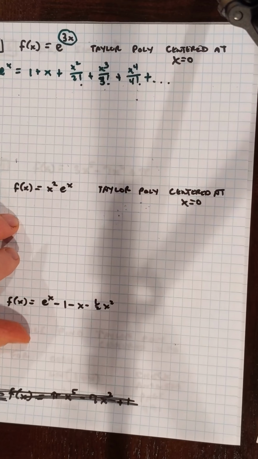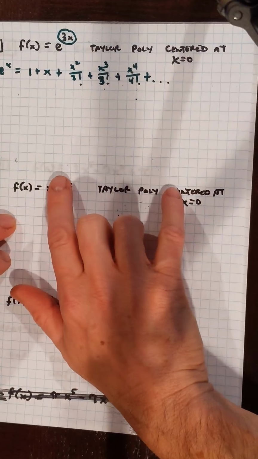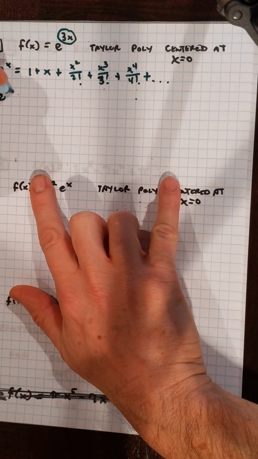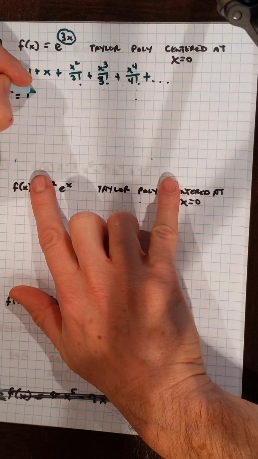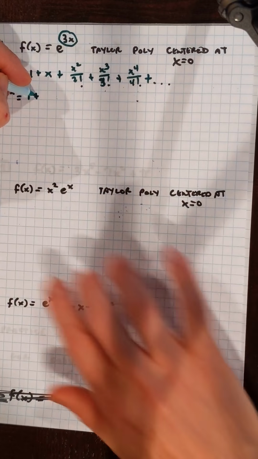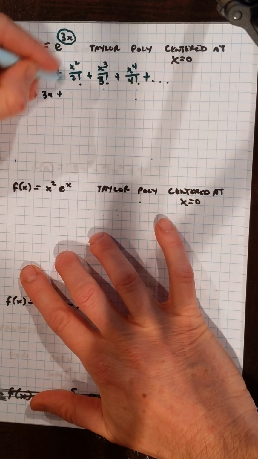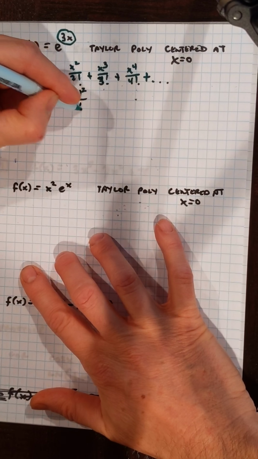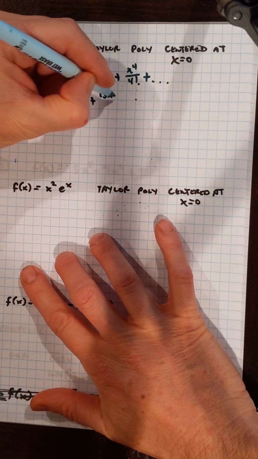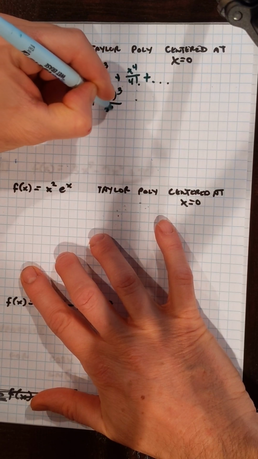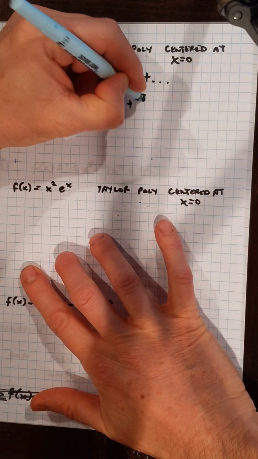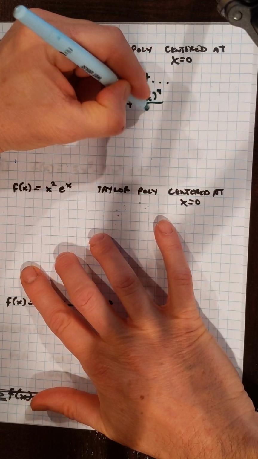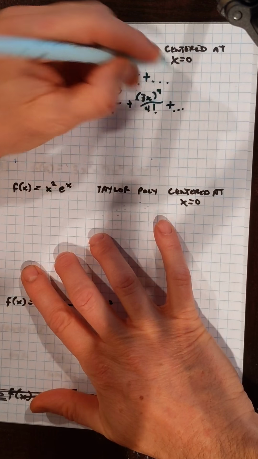Now, instead of going through all that process of taking the derivative repeatedly, all I have to do is go e to the 3x, which would be 1 plus, plug in 3x, gives me 3x squared over 2 factorial plus 3x to the 3rd over 3 factorial plus 3x to the 4th over 4 factorial plus dot dot dot.